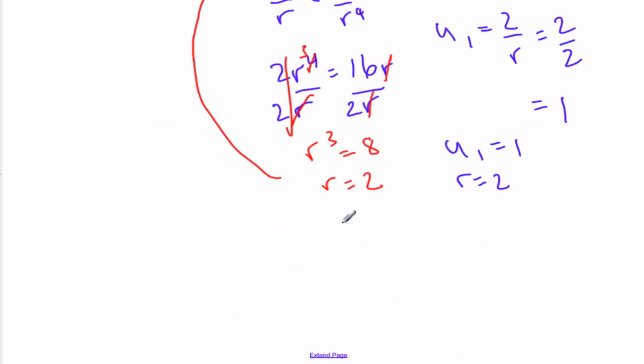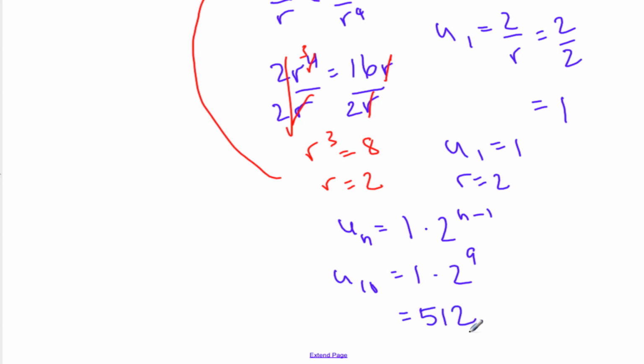Well, U sub n equals U1 times r to the n minus 1, and this is the r term, 2 to the n minus 1. So U sub 10 equals 1 times 2 to the 9th. 2 to the 9th is 512. So those are 2 different ways that you can think of doing this problem.